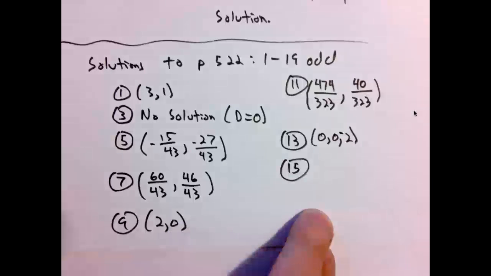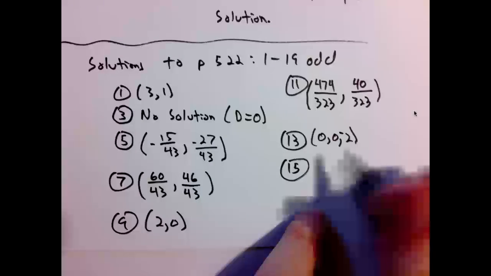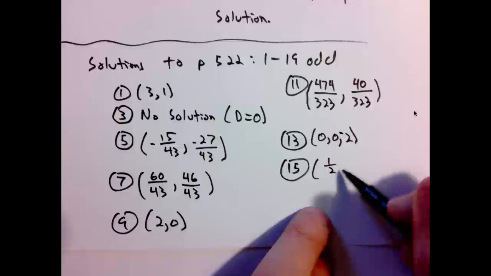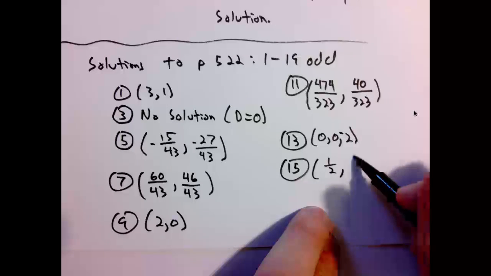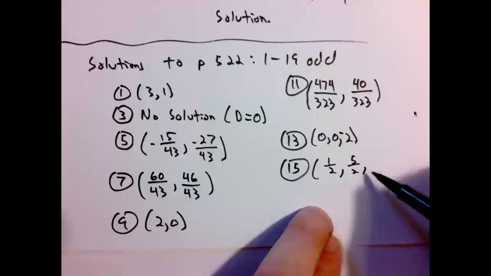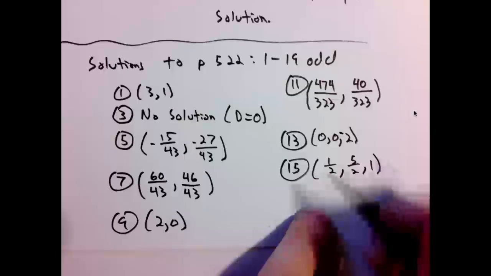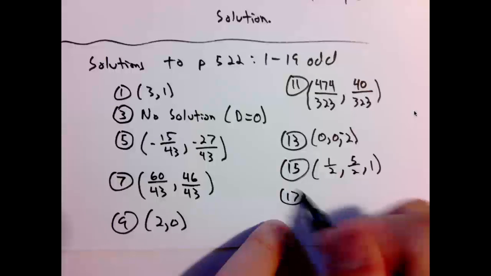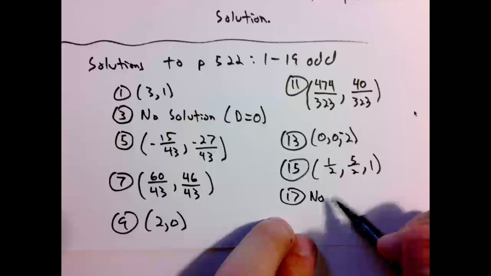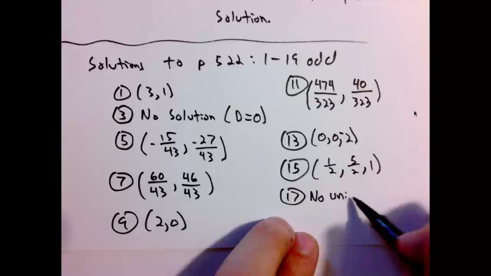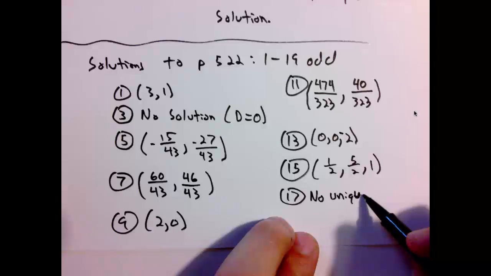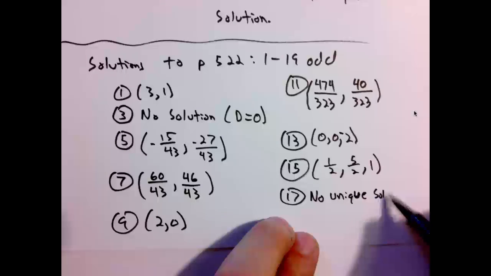Number 15, 1/2, 5 over 2, and 1. Number 17, no unique solution. So this will be similar to number 3, in that the determinant of the coefficient matrix will be 0.